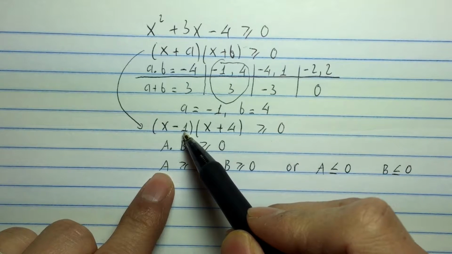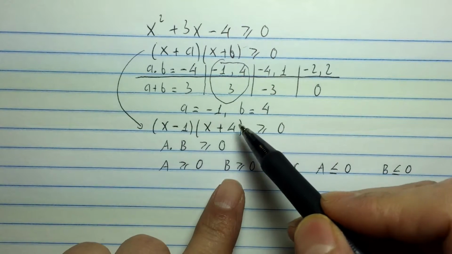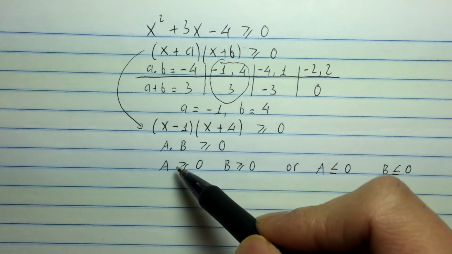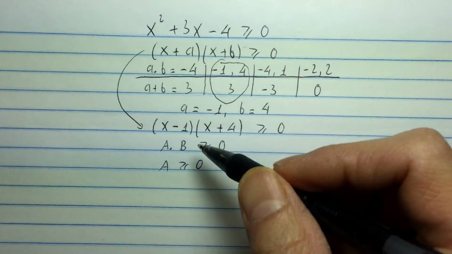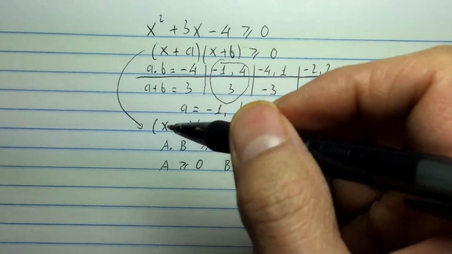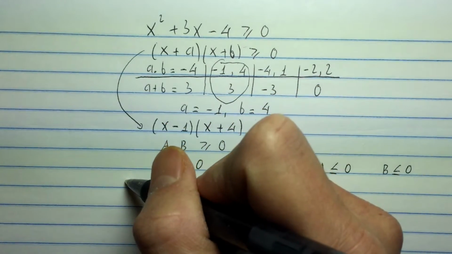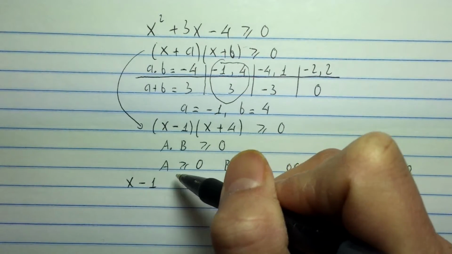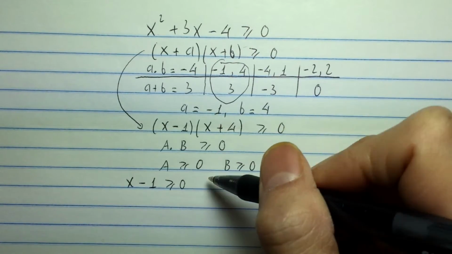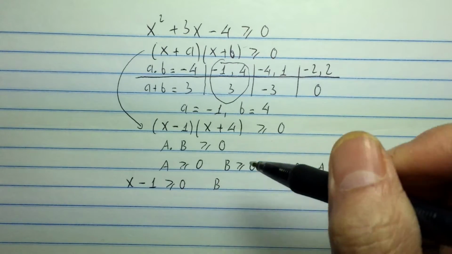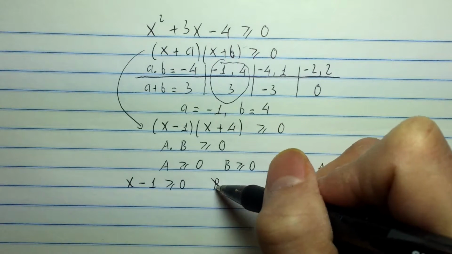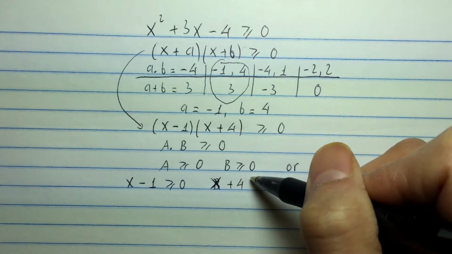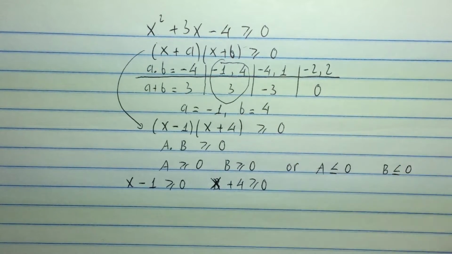So in this case, a equals x minus 1, b equals x plus 4. So I will apply the formula into the equation. First case, I have x minus 1 bigger than or equal to 0 and x plus 4 bigger than or equal to 0.